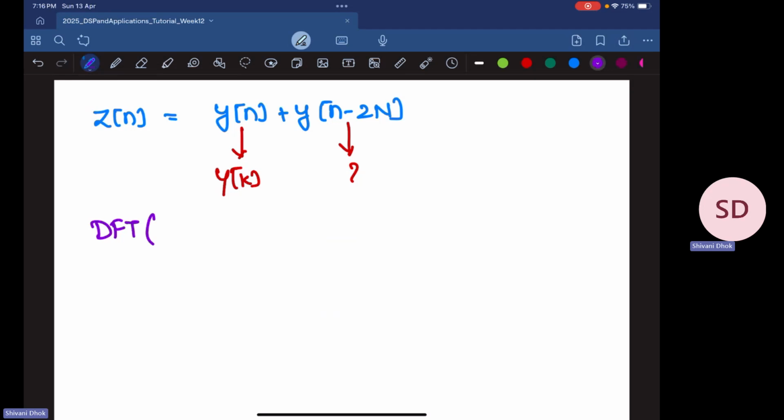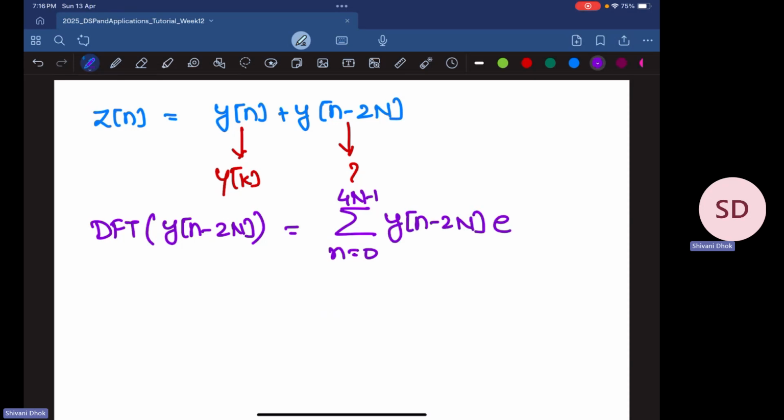So DFT of y of n minus 2N will be equal to summation n running from 0 to 4N minus 1 of y of n minus 2N e power minus j 2 pi k n by 4N.